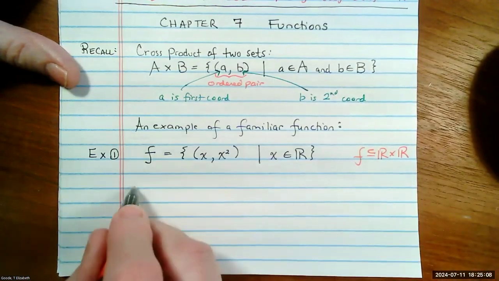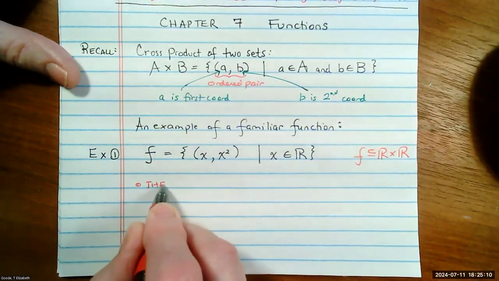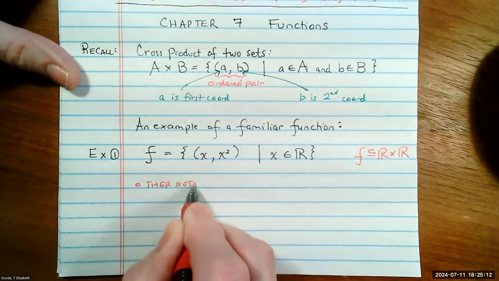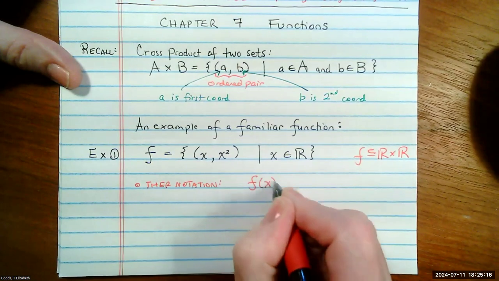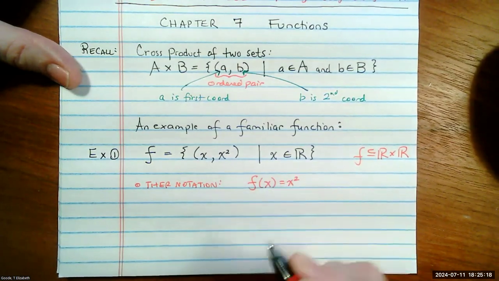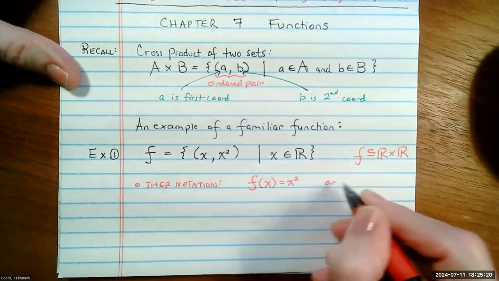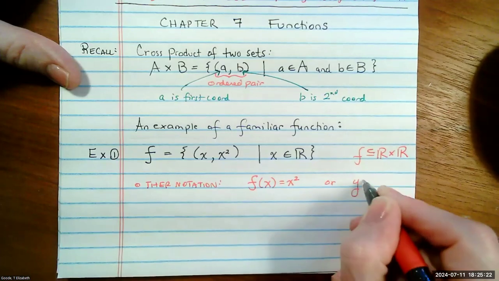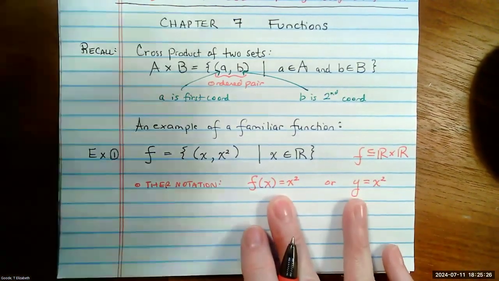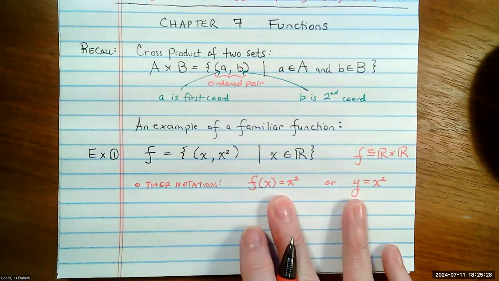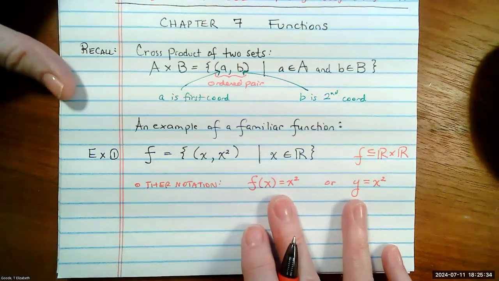You probably are familiar with this other notation: f of x equals x squared. Or you probably saw in high school, y equals x squared. This is your basic parabolic function that's got the vertex at the origin.